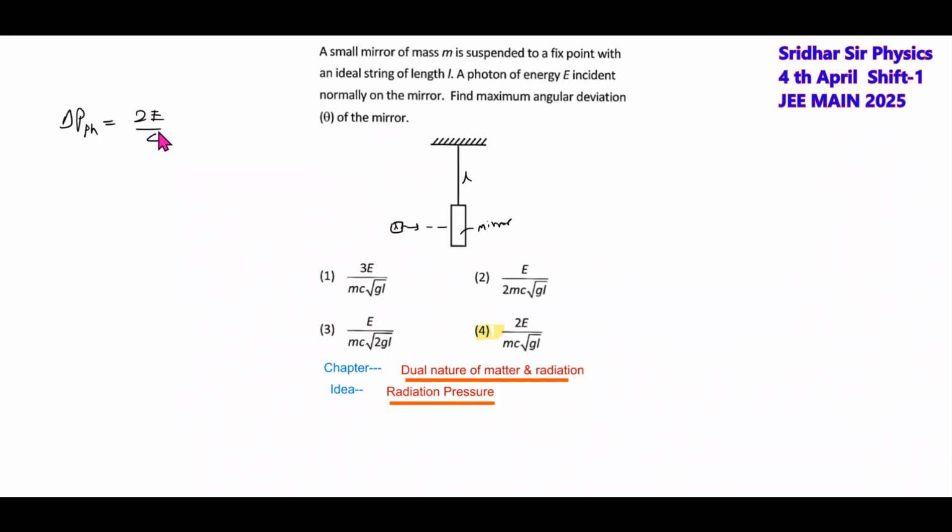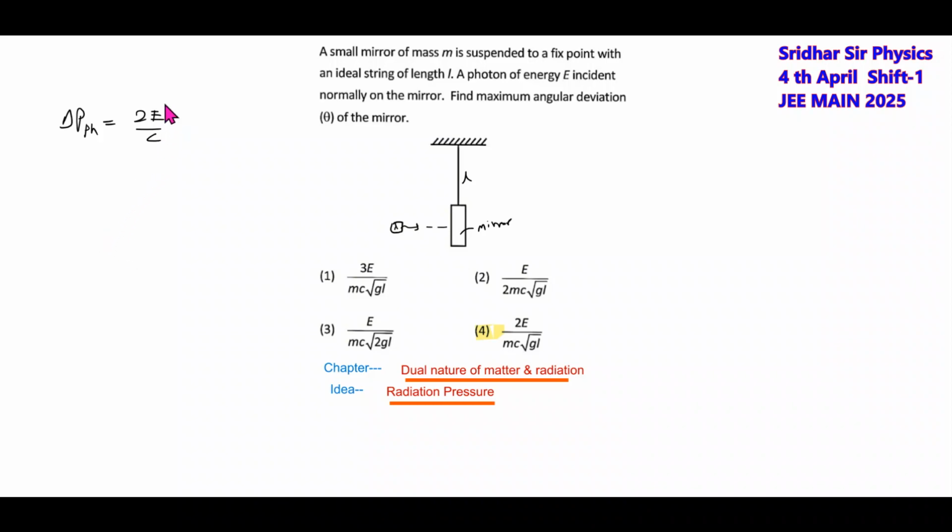E by c is the momentum of the photon. What is the expression for the momentum of a photon? h by lambda. In terms of energy, we can write E by c. Some basics everyone should know.